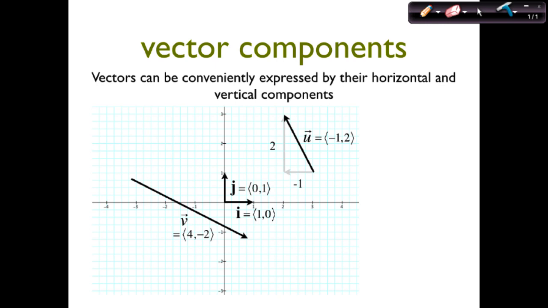So these are called the standard basis unit vectors. So notice that you could write u then as -1 times i plus 2 times j.